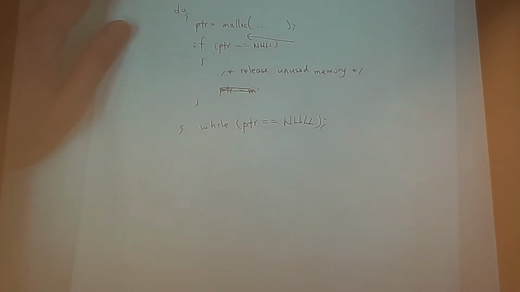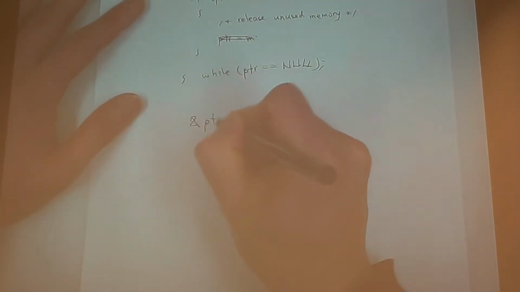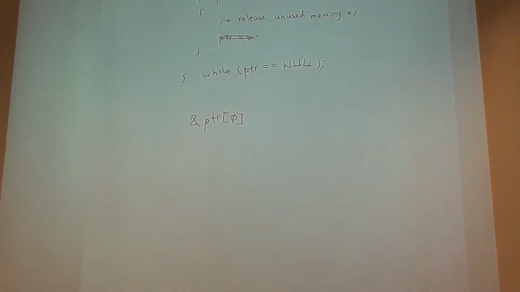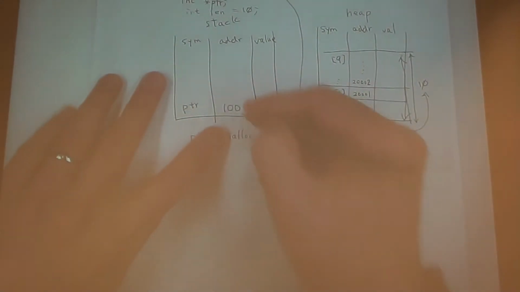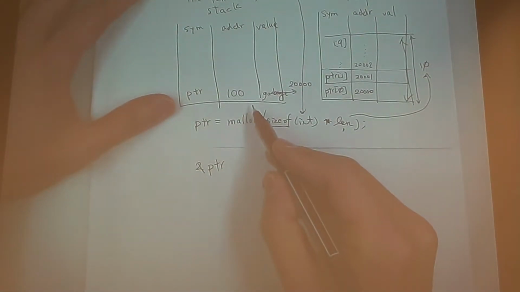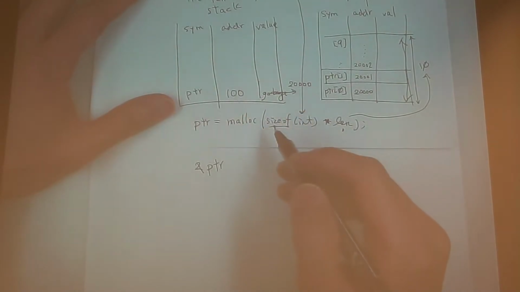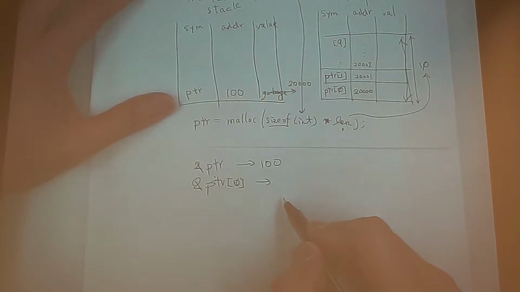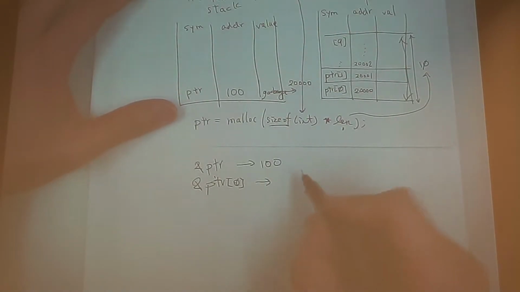And then if you do ampersand pointer, what would it be? Ampersand of what? PTR? Yeah, PTR, sorry. Coming back here, if you do ampersand PTR, what do you get? 100. If you do ampersand PTR 0, what do you get? 20,000.